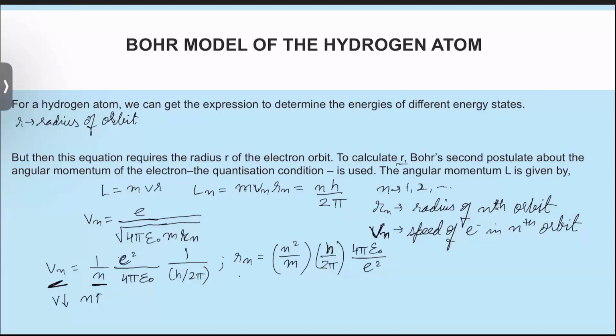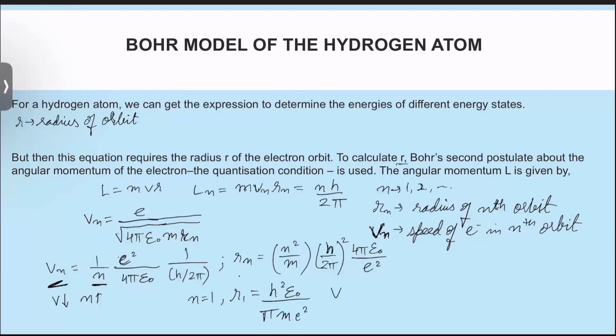Okay, so in that sense, if we want to find out the values for n equals 1, your R1 will be h square epsilon 0 upon pi m e square.